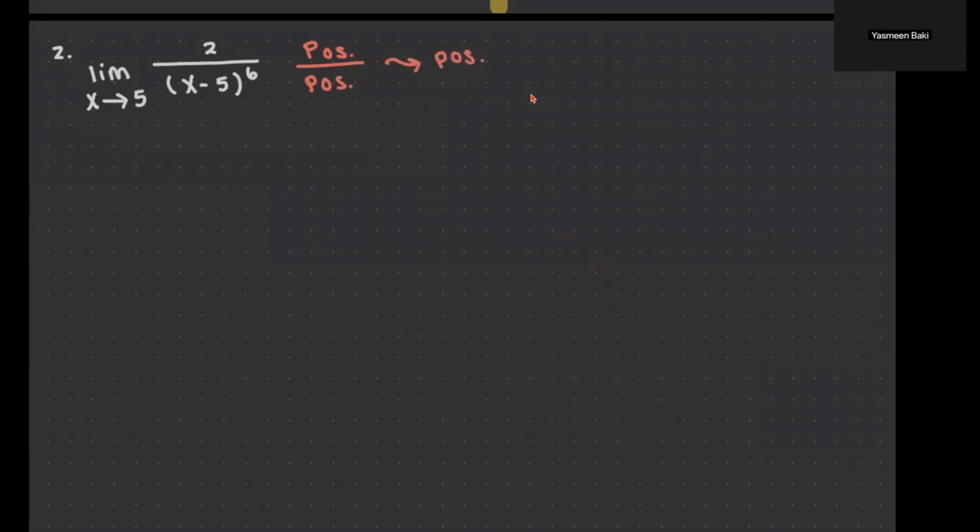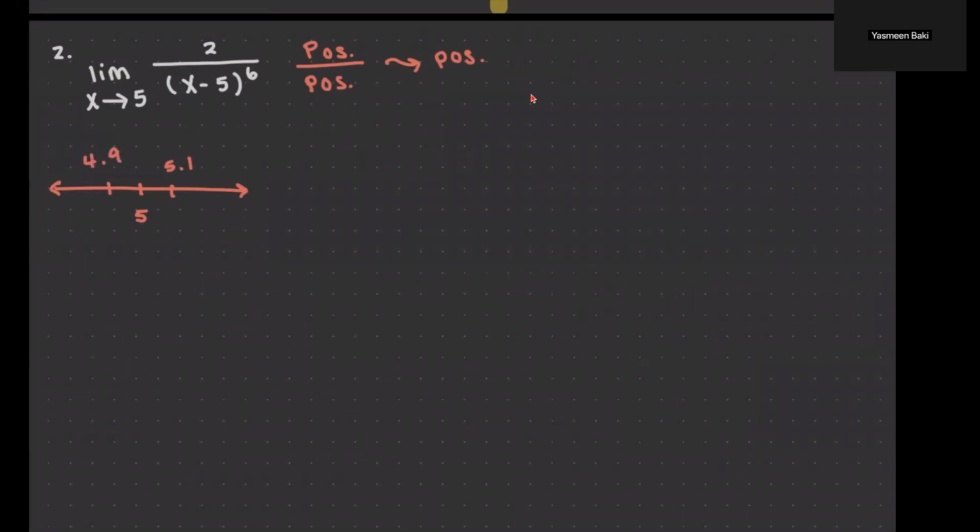Well, okay, if x goes to 5 from the right, maybe I'll draw our number line for us. So let's say here's 5. And let's say here we have 5.1. And let's say here we have 4.9.